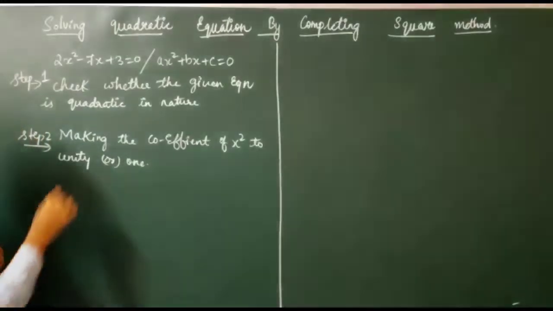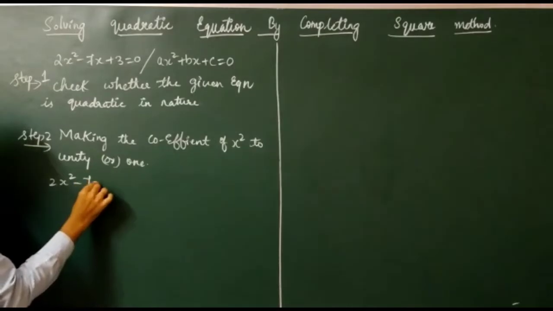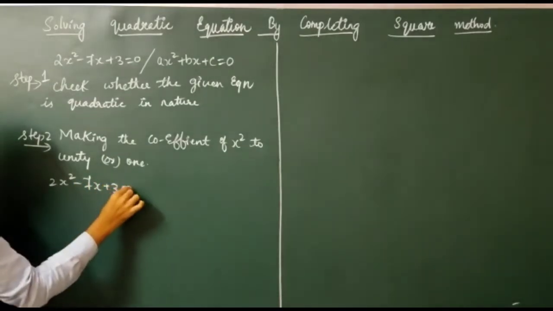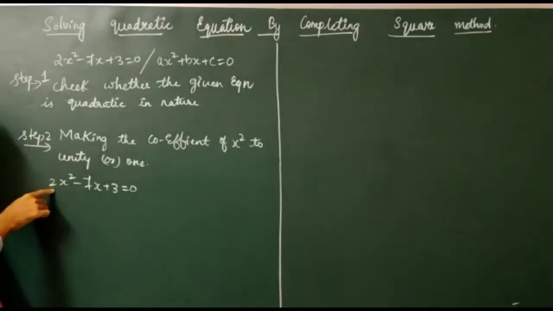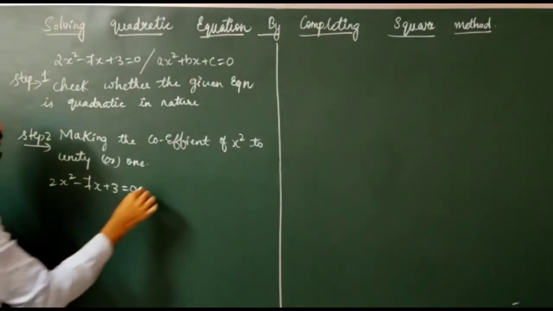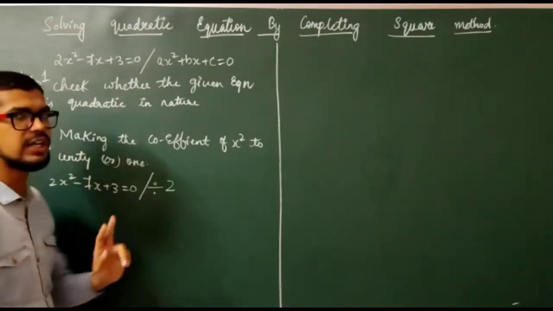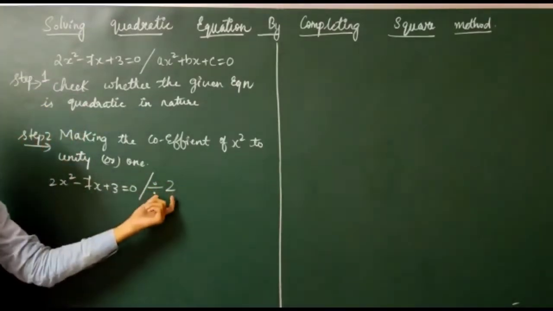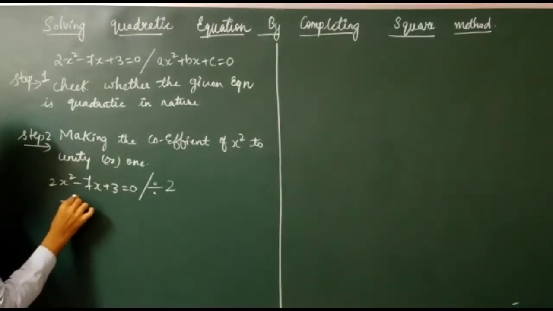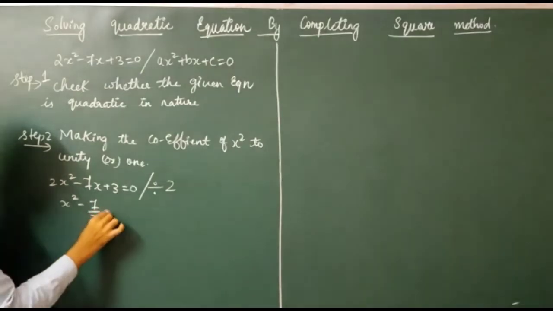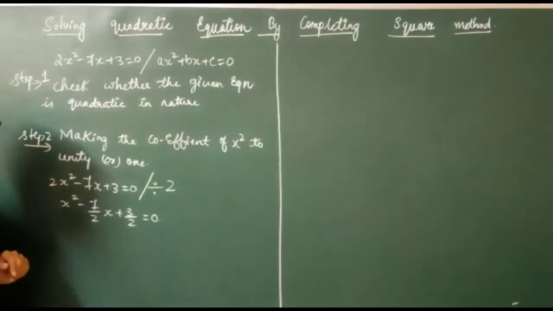Here it is 2x square minus 7x plus 3 is equal to 0, right? Now I must reduce this to unity, or 1. So I will divide this entire equation by 2. If I divide this entire equation by 2, this will reduce to x square minus 7 by 2 x plus 3 by 2 is equal to 0.